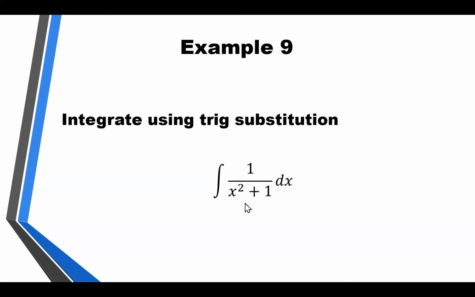Let's do one more example of trig substitution. Here I have 1 over x squared plus 1 integrated with respect to x. Now I don't have a square root, but what we could do is think of x squared plus 1 as the square root of x squared plus 1, quantity squared.